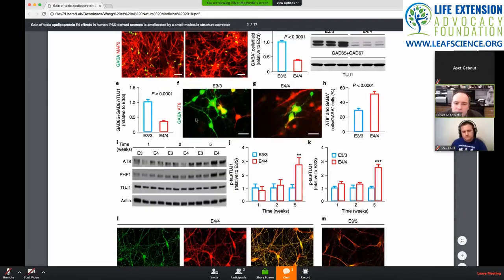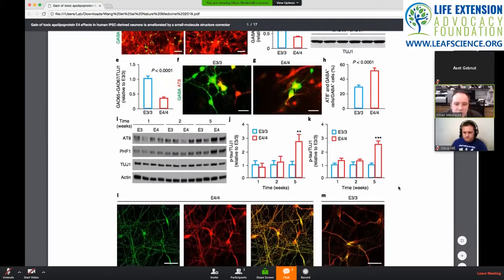Okay. So again, GABAergic neurons, AT8. The ones that are out there, I believe, are more phosphorylated, so they have more of these tau proteins that are phosphorylated.